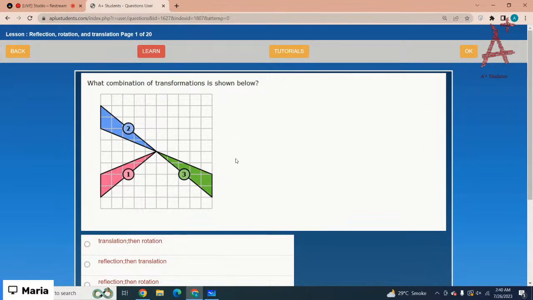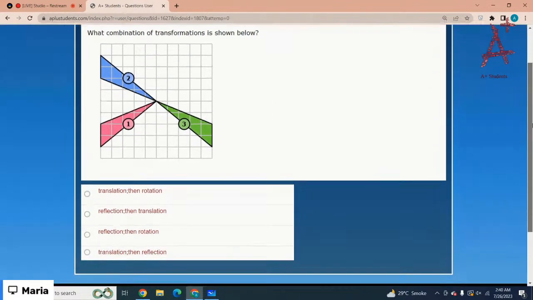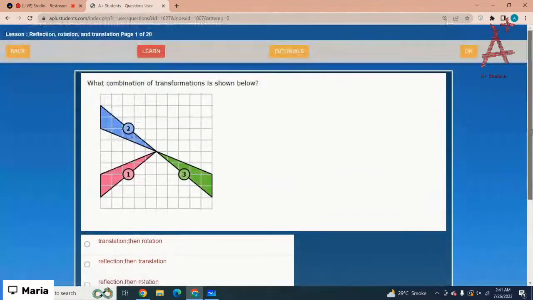Okay, no. 1 to 2 is a translation, and 2 to 3 is a reflection. The correct option is the fourth one. From shape 1 to 2, that would be a translation, and from 2 to 3, that would be a reflection.